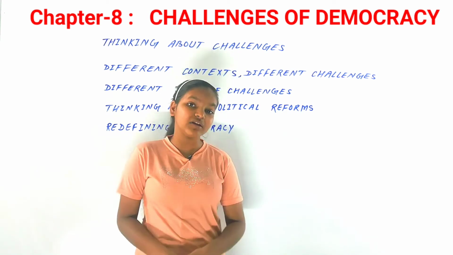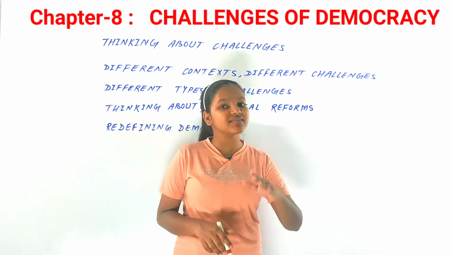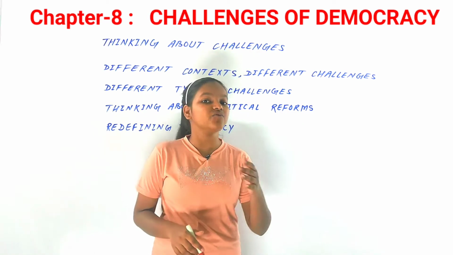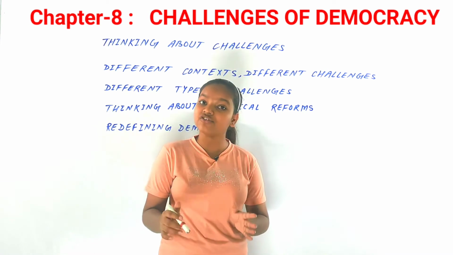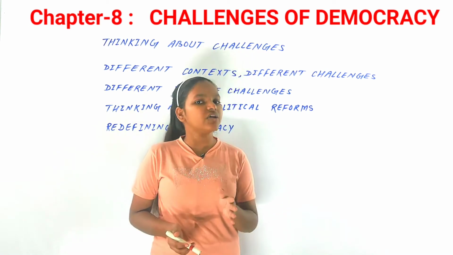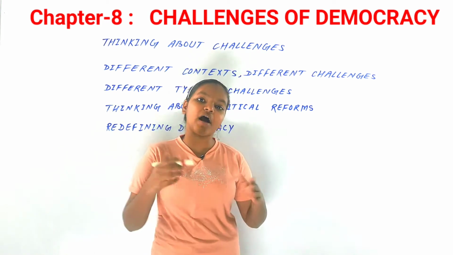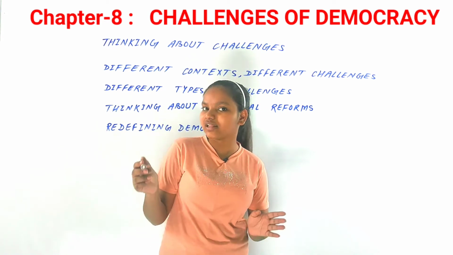But before concluding this tour, we must see the challenges of democracy. We must study this chapter to address the fundamental questions related to democratic politics: what are the challenges that a democracy faces, and what can be done about them?